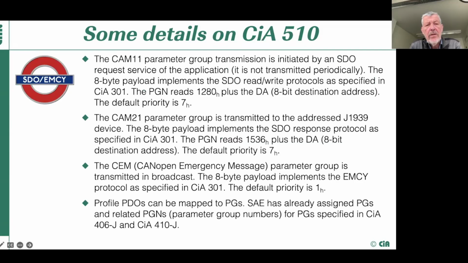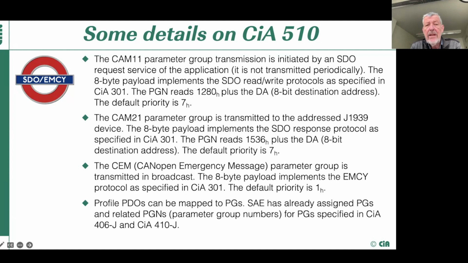As Oscar mentioned, the CAM11, CAM21, and CEM, CANopen Emergency Message, parameter groups are specified in the digital annex, and they reference the CiA 510 document. In this document, we specify the parameter groups in detail.